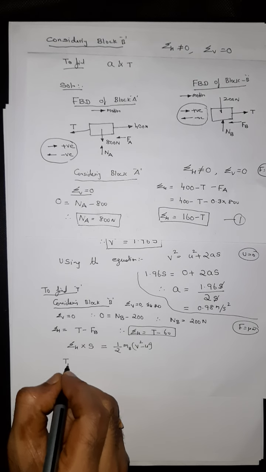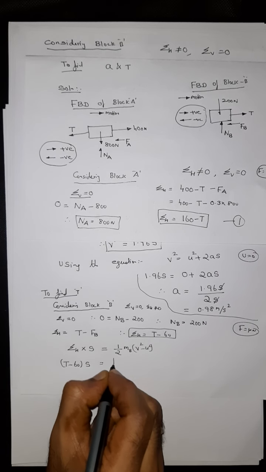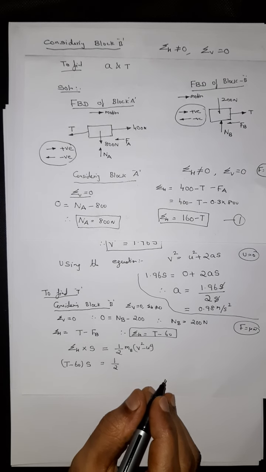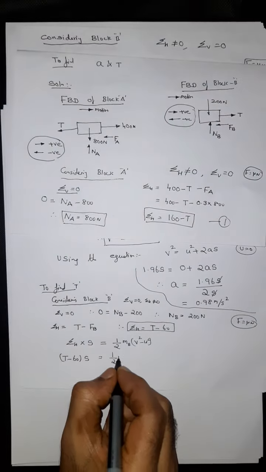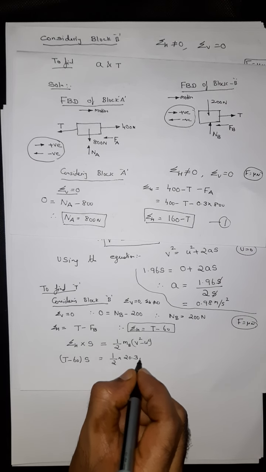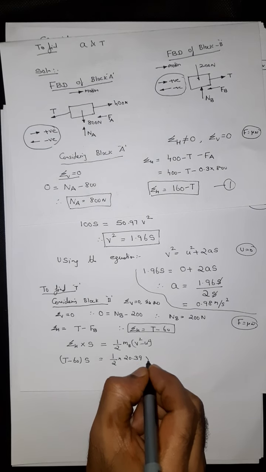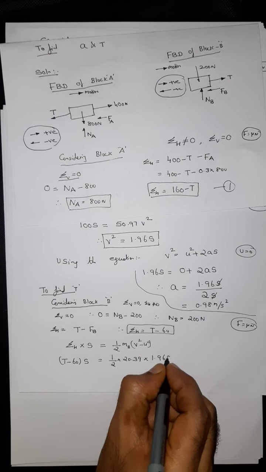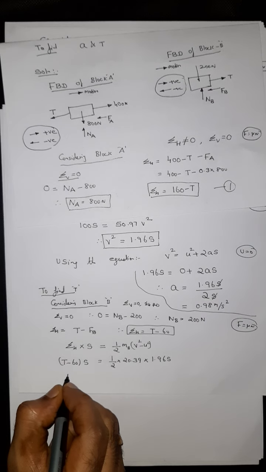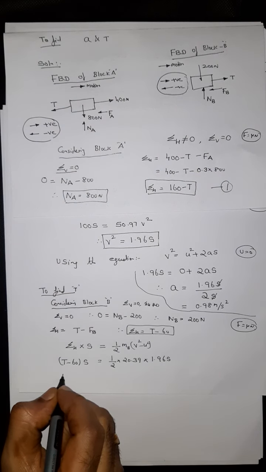Summation H is T minus 60 into S equal to 1 by 2, mass of B is 20.39, then apply V square here, into V square is 1.96 S. Right.